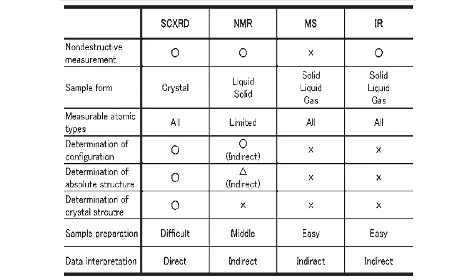It means this technique does not harm our sample. The sample once studied can be used another time, so we can say it is non-destructive. If the sample is once used and it is destroyed, that technique is known as a destructive technique.